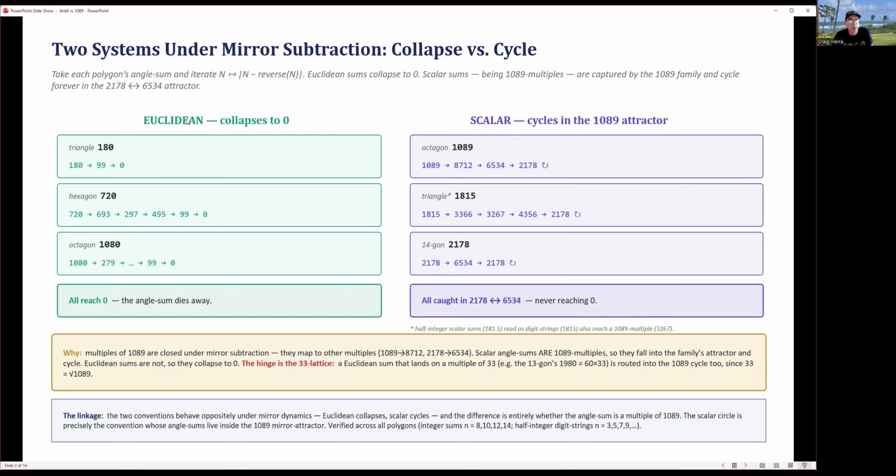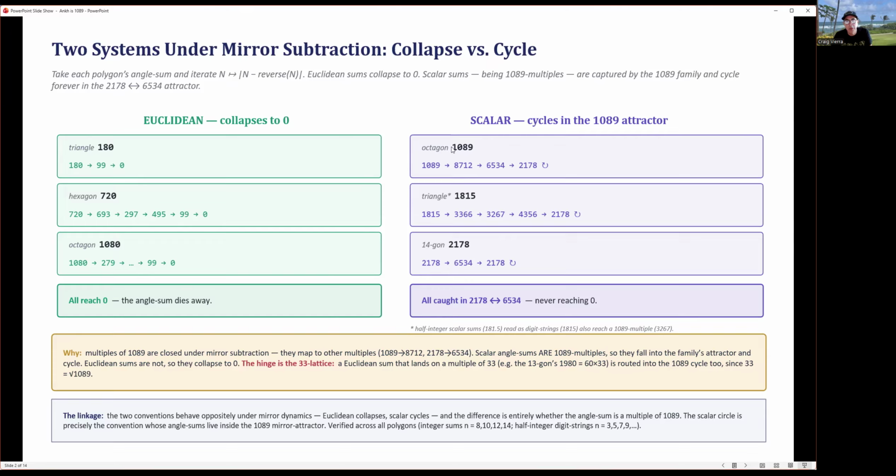Over here on the left, Euclidean kind of geometry, I've listed some numbers, and if you put them through mirror subtraction, you get a collapse to zero. So this is 180 minus 18, and then you can go through iterations, or this is 180 minus 81, going to 99 and so forth.